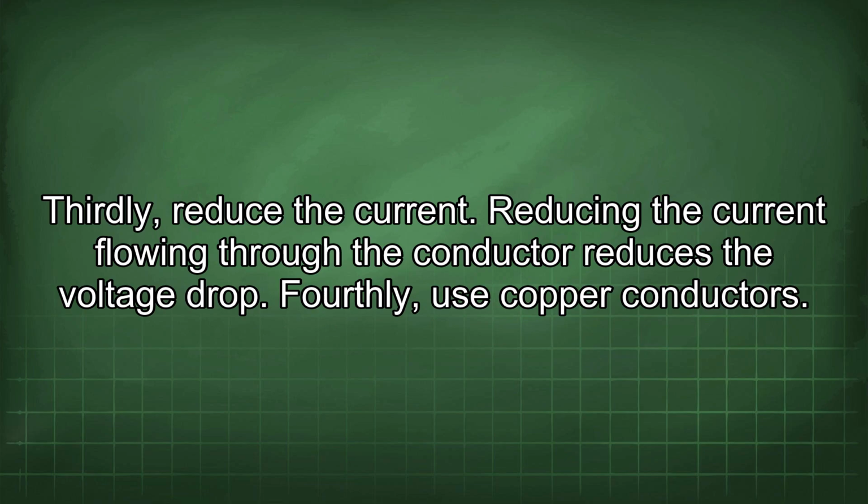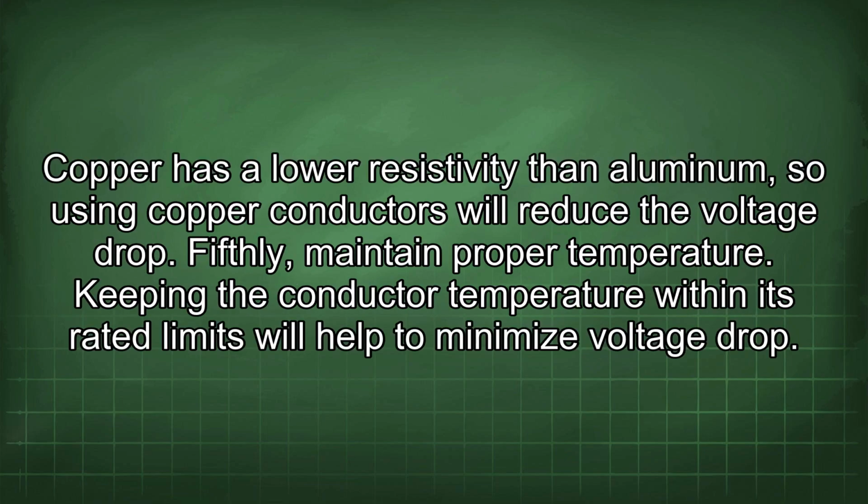Reducing the current flowing through the conductor reduces the voltage drop. Fourthly, use copper conductors. Copper has a lower resistivity than aluminum, so using copper conductors will reduce the voltage drop. Fifthly, maintain proper temperature. Keeping the conductor temperature within its rated limits will help to minimize voltage drop.